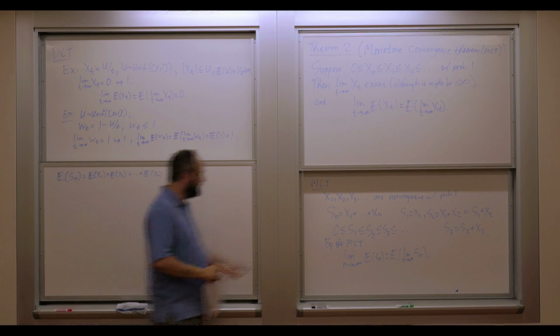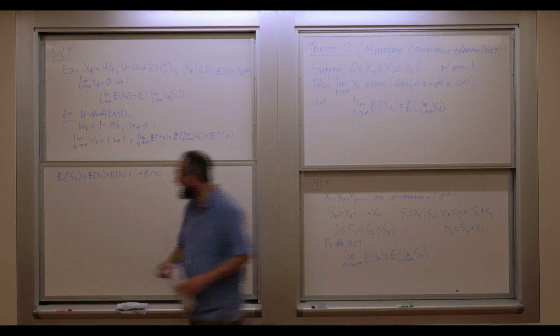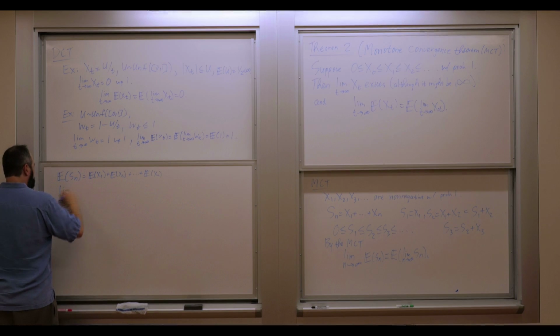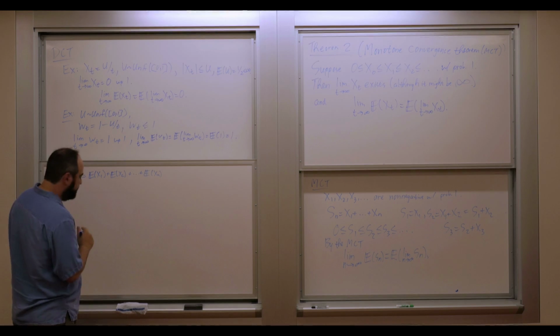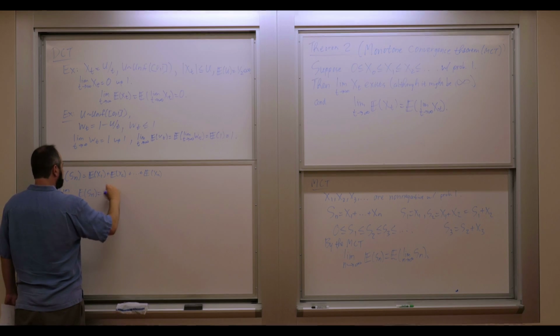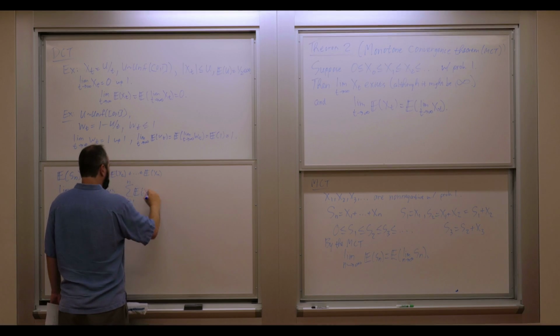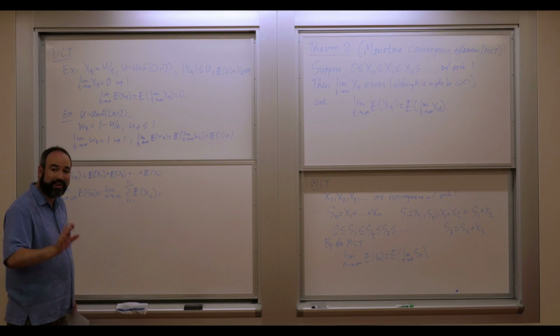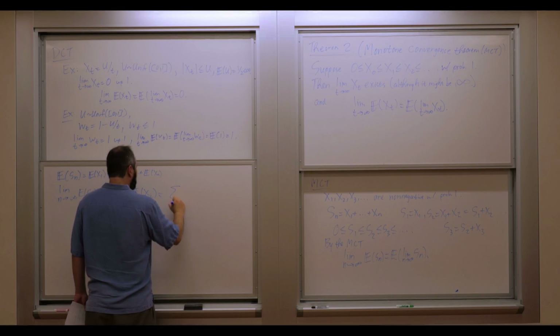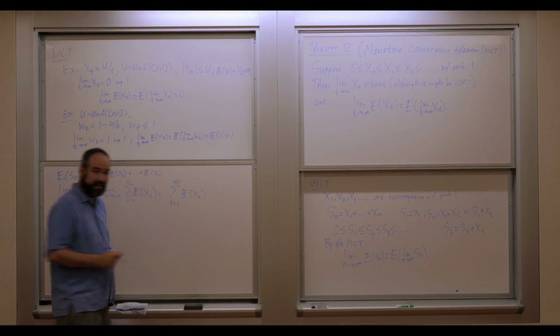So when I'm talking about the limit as n goes to infinity of the expected value of S of n, I'm really talking about the limit as n goes to infinity of the sum as i goes from 1 to n of the expected value of X of i, or as it's more commonly written, the sum as i goes from 1 to infinity of the expected value of X i.